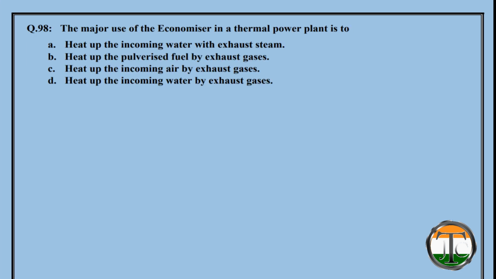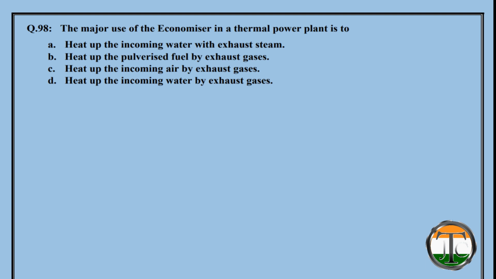So the next question is 98: the major use of the economizer in a thermal power plant is to: option A, heat the incoming water with exhaust steam; option B, heat the pulverized fuel with exhaust gases; option C, heat the incoming air by exhaust gases; and option D, heat the incoming water by exhaust gases. Here the question is about the economizer component in a thermal power plant and what its function is. The answer is option D, that is heating the incoming water by exhaust gases.